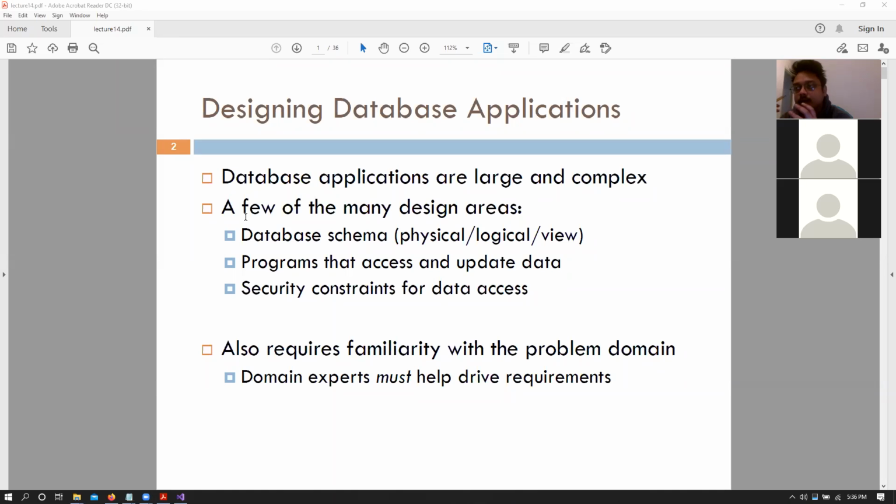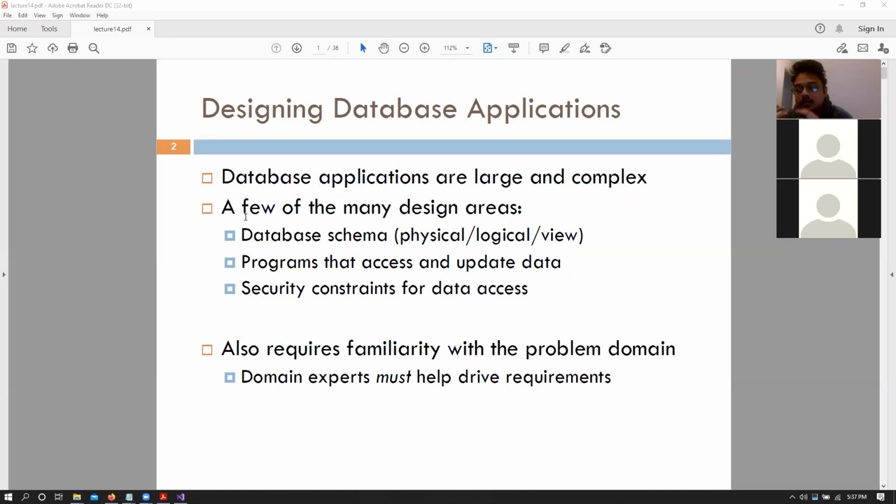But a bank would have their own domain experts, or any particular application would have their own domain experts, who know what they actually need. Essentially we need to don the cap of figuring out, given certain specifications, what that database would look like.